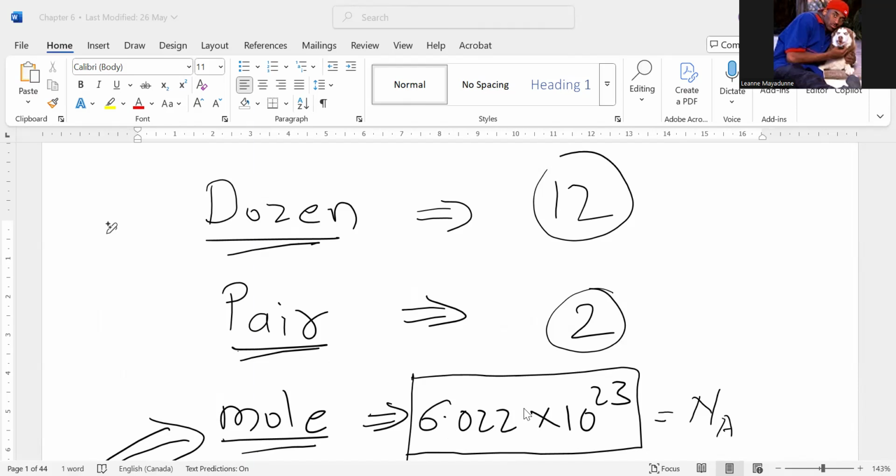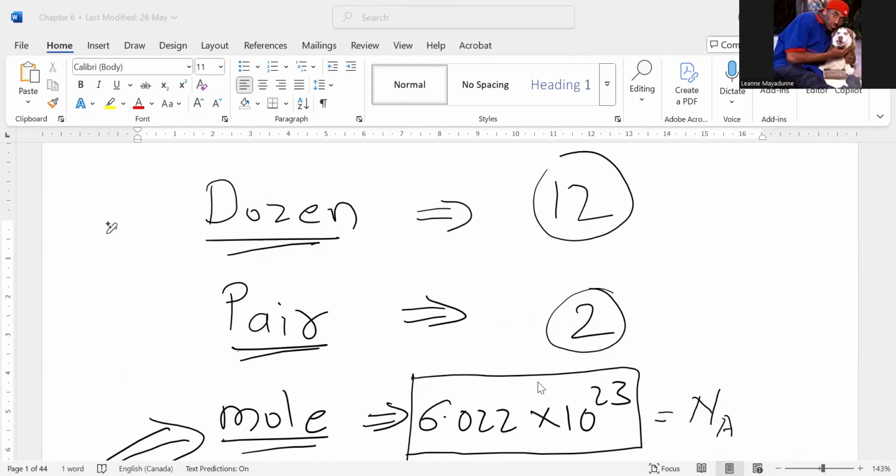But if you go to Walmart and ask for 1 mole of apples, is it possible to get it? No, because it's an exponentially large number. There is an example in your textbook: 1 mole of green peas can cover the entire circumference of the earth 3 times.